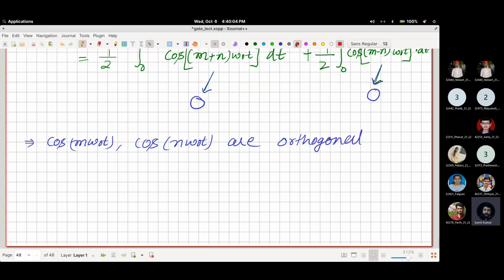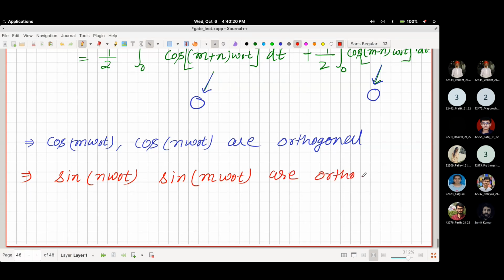And the same thing you can apply for sine as well. So sine m omega naught t and sine n omega naught t are orthogonal as well. Okay, is that clear?